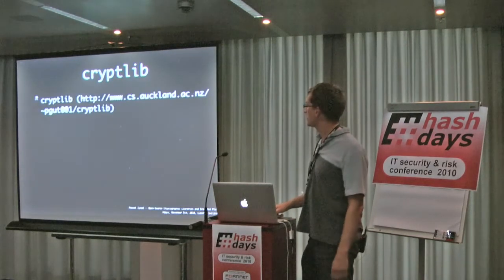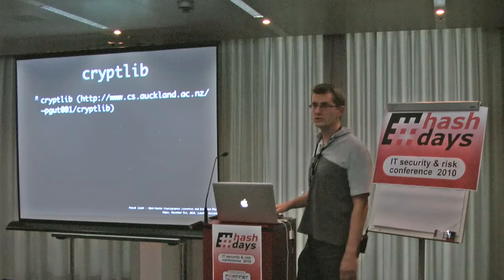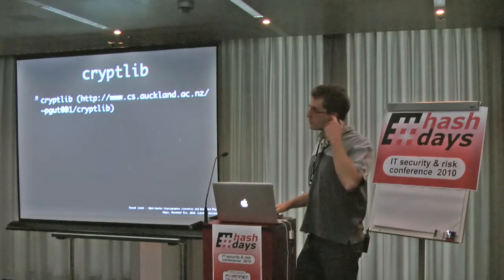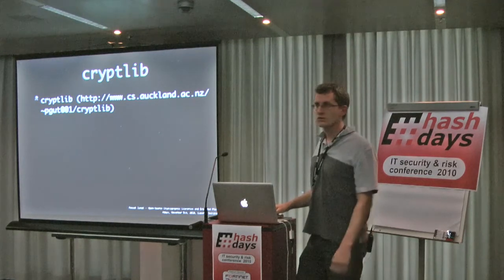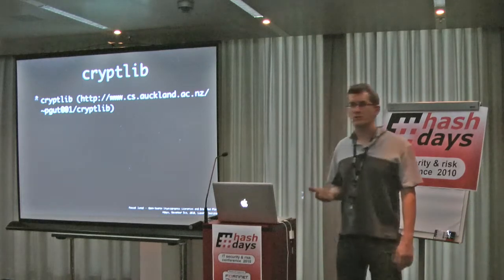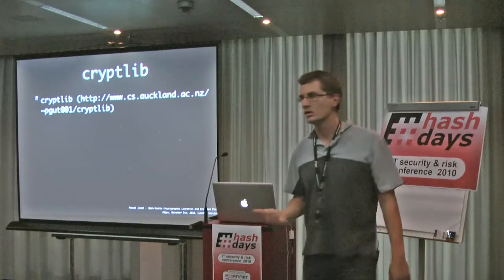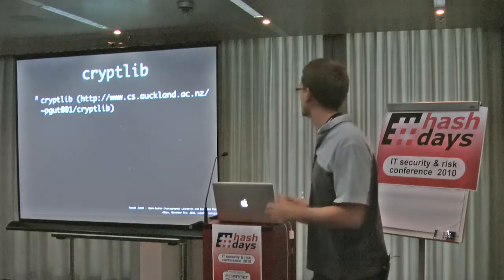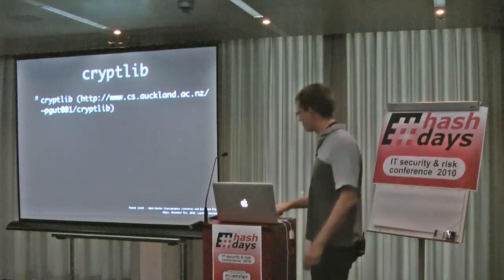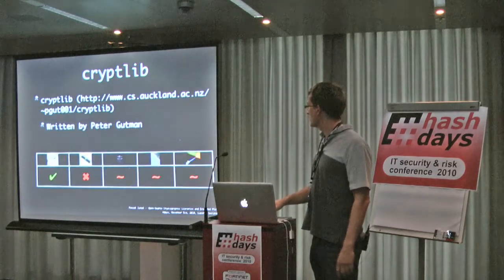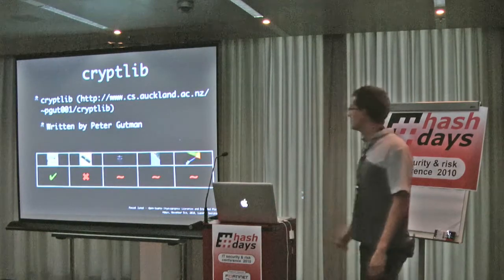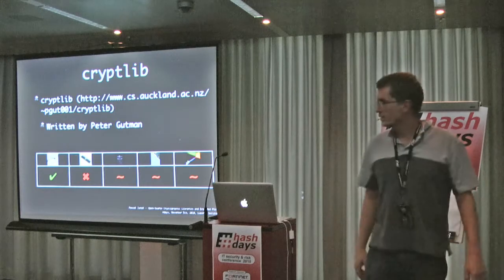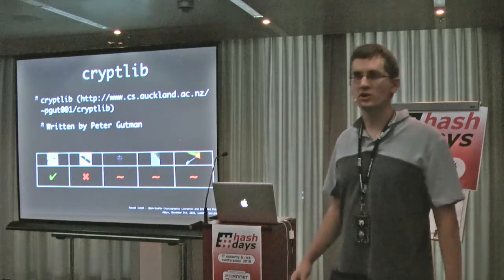Cryptlib, written by Peter Gutmann, who is a well-known security expert. This library is quite good, maybe because of some pressure of the market, because he sells his library. It's open source, it's free for free applications, but he sells it to everyone who is willing to buy it. In that case, we see that it's quite well protected against timing attacks, not at all against cache attacks.